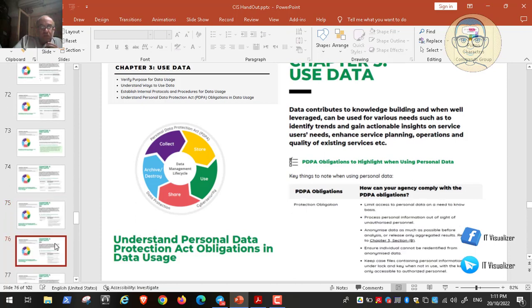And we can continue with protection. You are also obliged to protect the data and limit access to personal data on a need-to-know basis. So the use of personal data should be limited, and you should anonymize it. If you will use the data, you should remove anything that will identify the person.